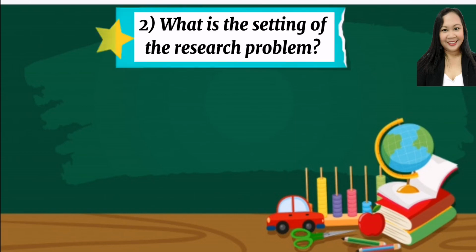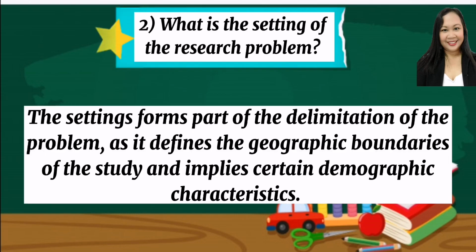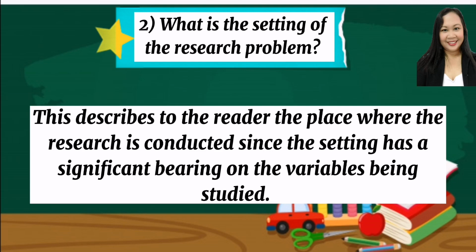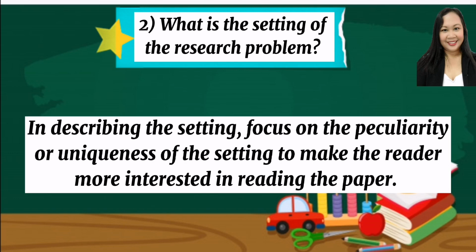Second, what is the setting of the research problem? The setting forms part of the delimitation of the problem as it defines the geographic boundaries of the study and implies certain demographic characteristics. This describes to the reader the place where the research is conducted, since the setting has significant bearing on the variables being studied.